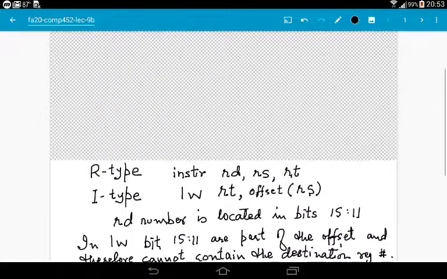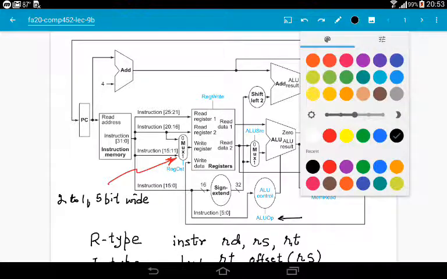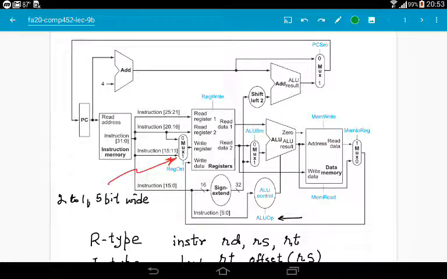So if our instruction is a load word instruction, then we need to route the destination register number from bit 16 to 20, when some value has to be stored in a register.